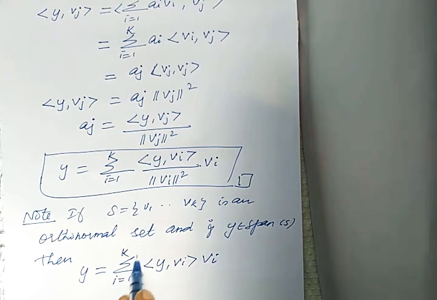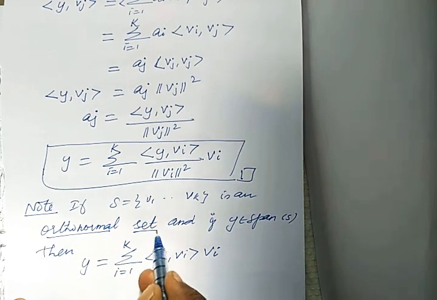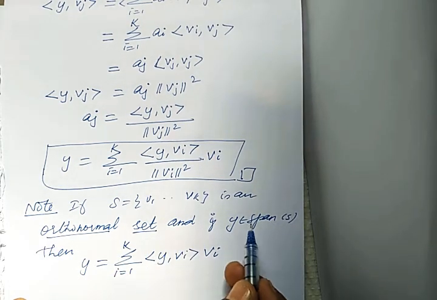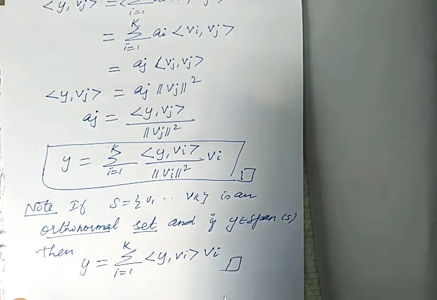So the coefficients are so simple to find, right? So if you have some orthonormal set and if y belongs to the span of S, then y can be written like this.